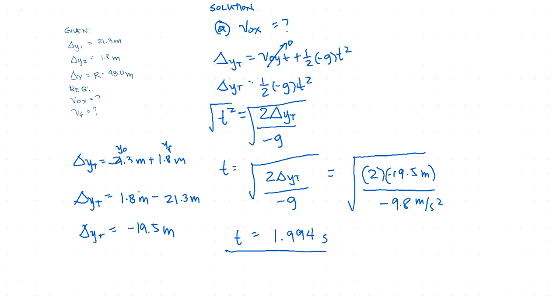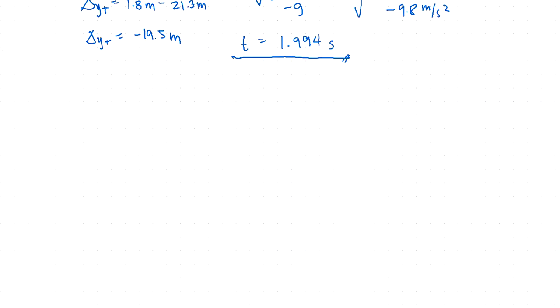Now, pwede na ba nating makuha yung initial velocity on the x-axis? Yes, pwede na natin makuha. No? Alam na natin yung time. So, to get the initial velocity on x-axis, we know that the range or the delta x is equals to the initial velocity on the x times time.